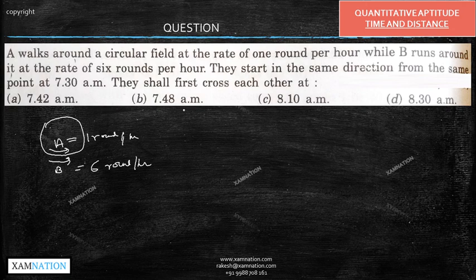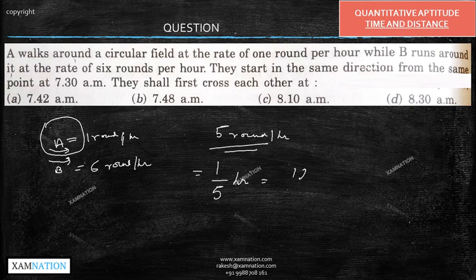Now let's see the relative speed of both. Because both are moving in the same direction, the relative speed becomes 5 rounds per hour, and the time taken will be 1 by 5 hour.